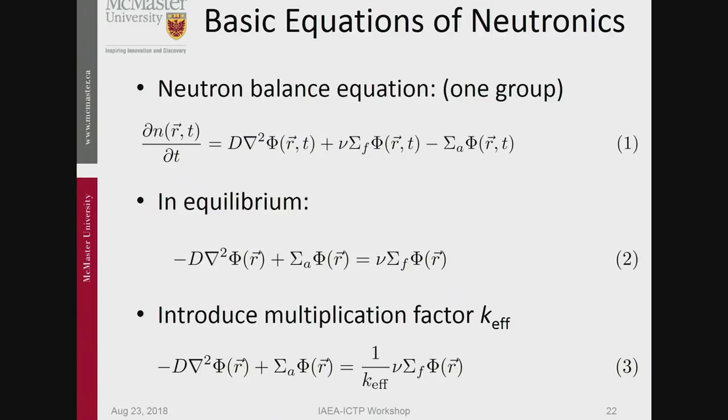If it's bigger than 1, it means that you produce more neutrons than you lose. And if it's smaller than 1, then you lose more than you produce. Okay, so these equations, you always see them. If you have never seen them before, next time you see them, you say, oh yeah, I saw those. I know what they mean.